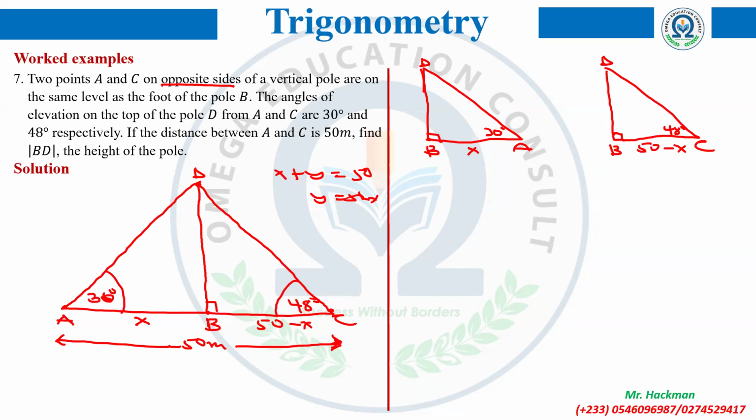Okay, so now let's study the two diagrams that we have here, the two simple diagrams that we extracted from this. Let's check whether the two right angle triangles have a common angle. They don't have a common angle. Can you see that? So the equation that we are going to form should not be about the angle. Do they have a common side?